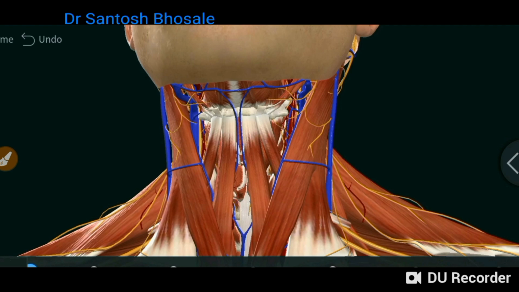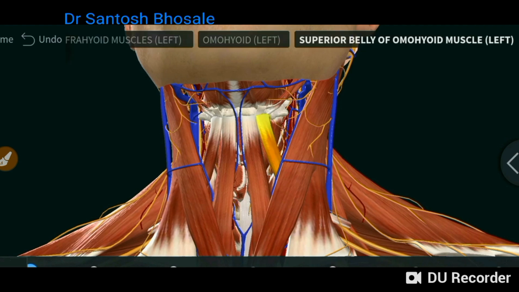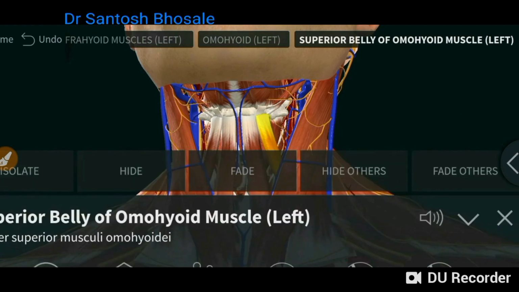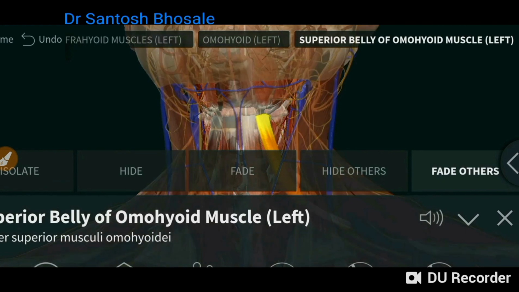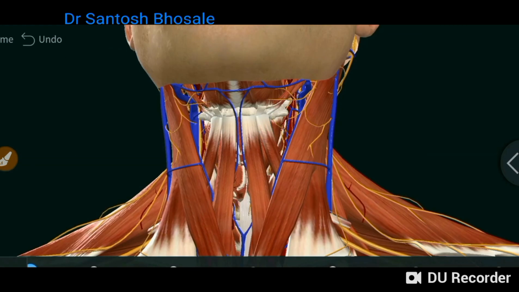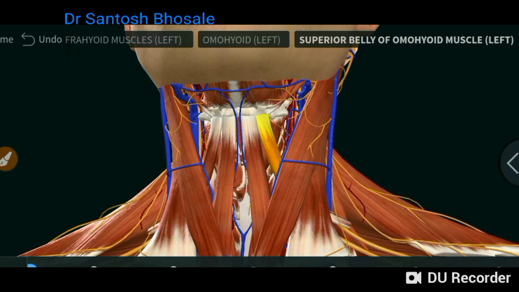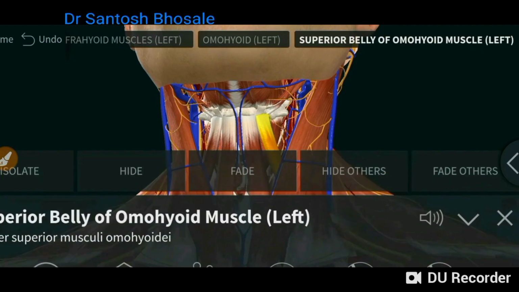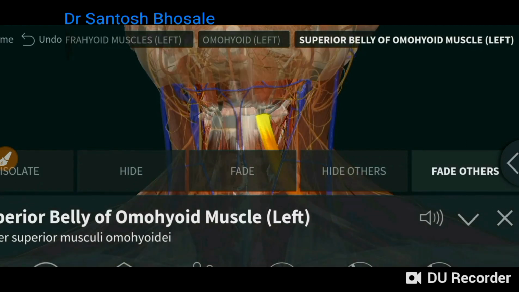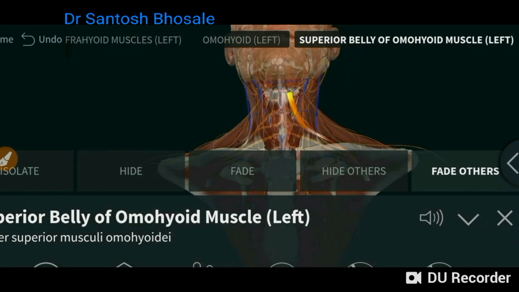for easy discussion purpose, and that is the superior belly of omohyoid. Inferior belly of omohyoid is seen in the posterior triangle, and it divides the posterior triangle into occipital and supraclavicular. You can see that superior belly of omohyoid. Omohyoid comes from the scapula. Omo means shoulder. So from shoulder to hyoid, this muscle is called omohyoid.